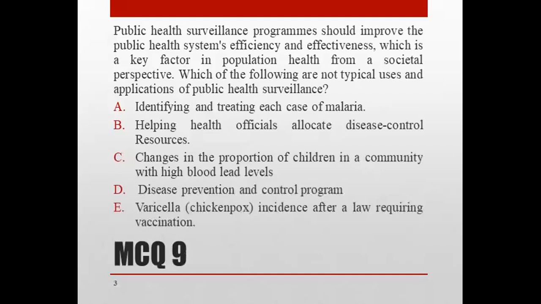Delta will be the correct option. I already mentioned in my presentation that the application purpose of surveillance is to identify any communicable disease, help health officials allocate resources, and describe changes in the proportion of children with high blood levels, and varicella incidence after a law requiring vaccination are all activities of surveillance. Therefore, delta will be the correct option. They cannot do the disease prevention and control program.